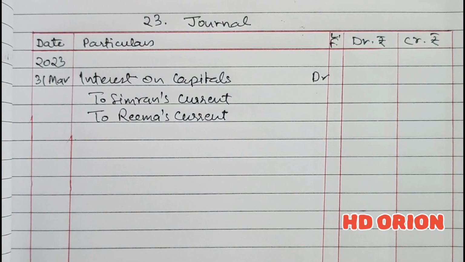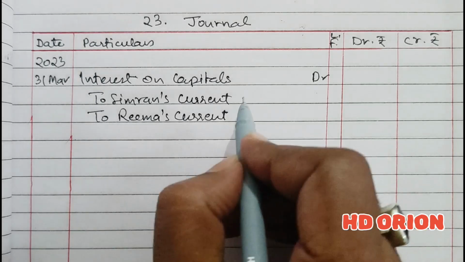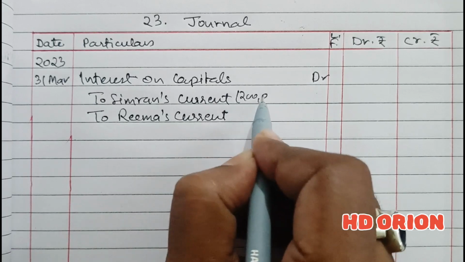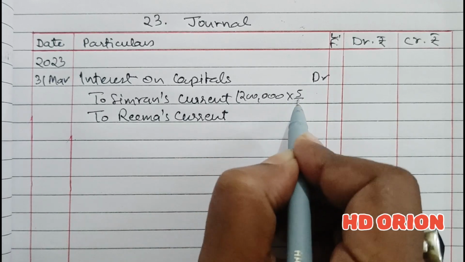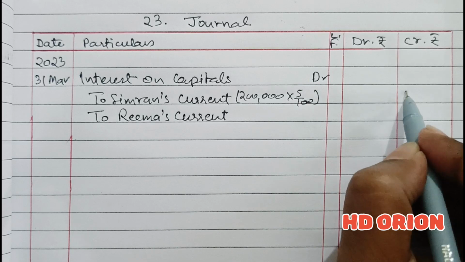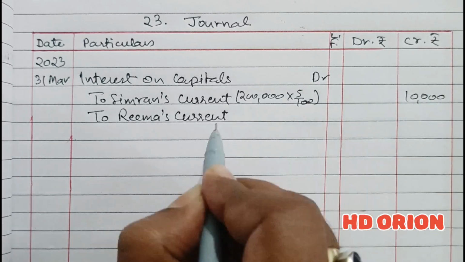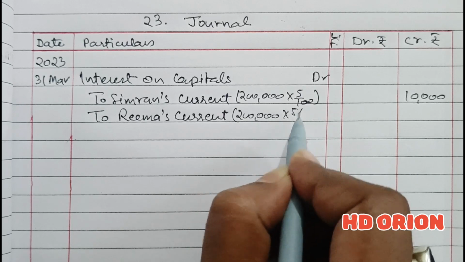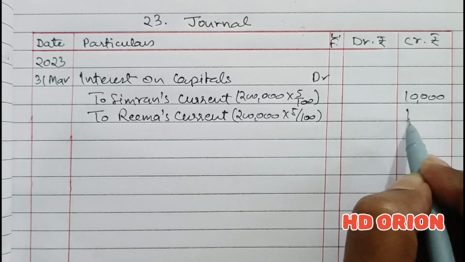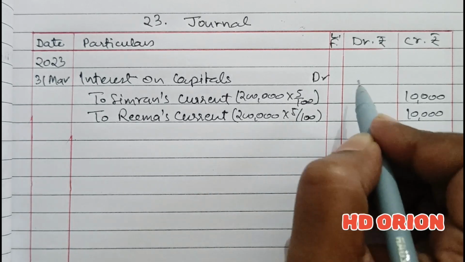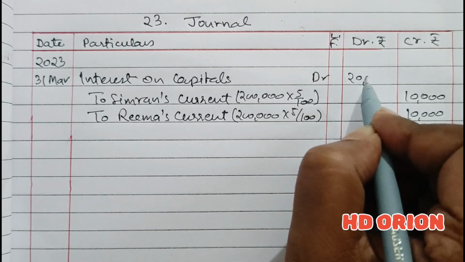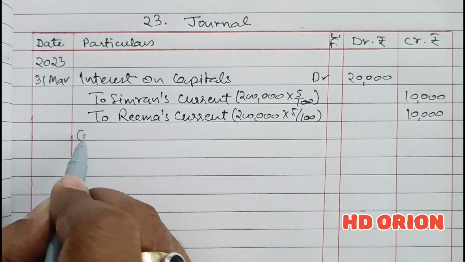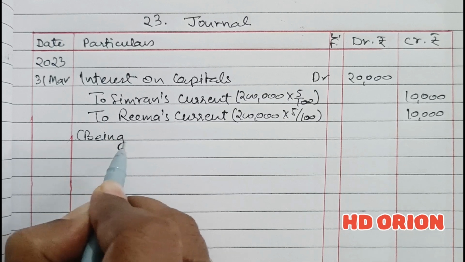And their capitals are rupees 2 lakh each. So 2 lakh and the rate of interest is 5%. So on 2 lakh, 5% for the whole year, it is 10,000 rupees each. So out of the total profit earned, 20,000 rupees is distributed to the partners as interest on capital.